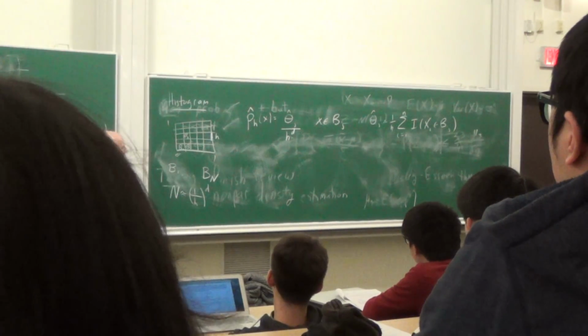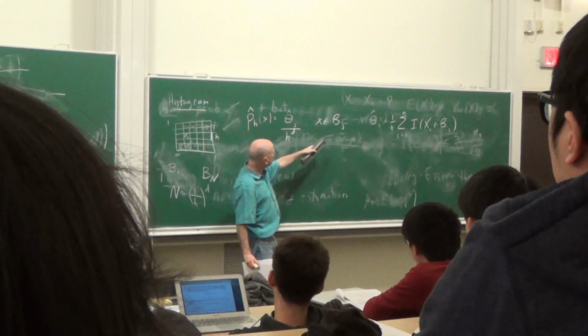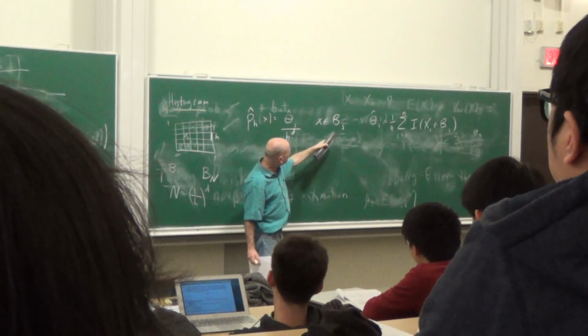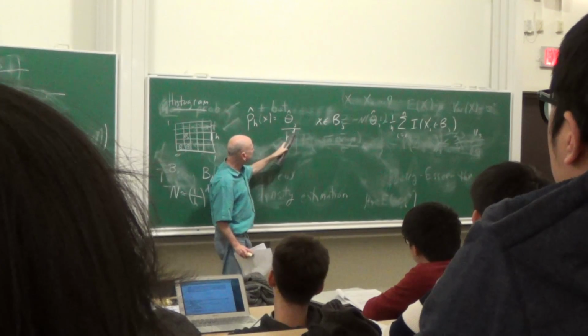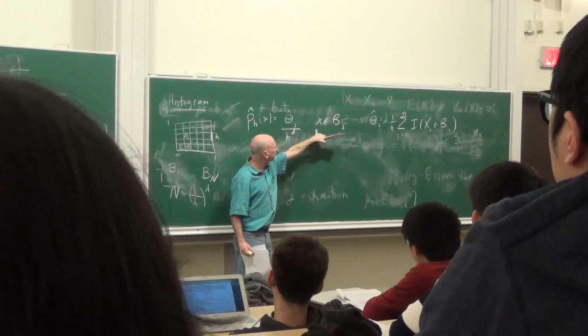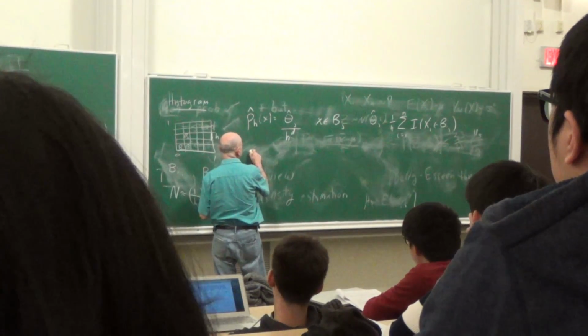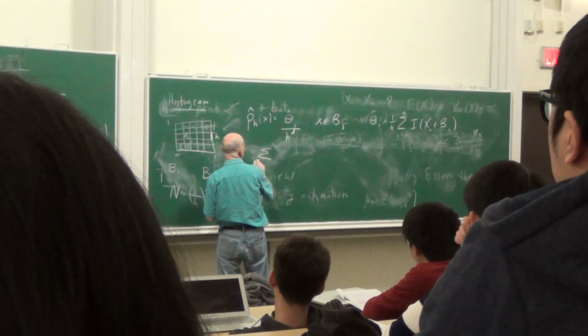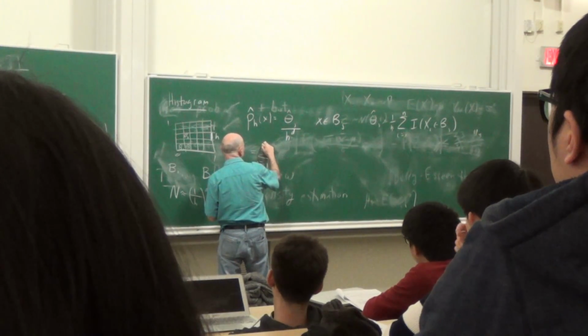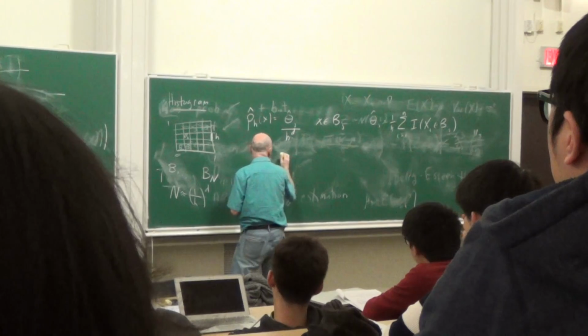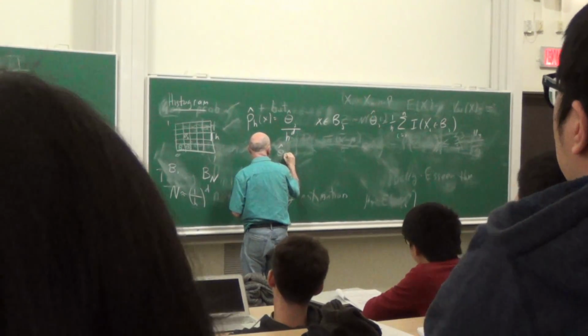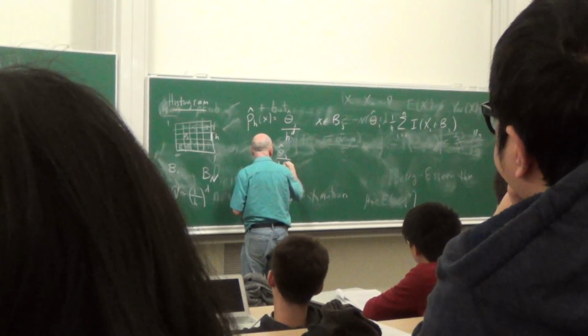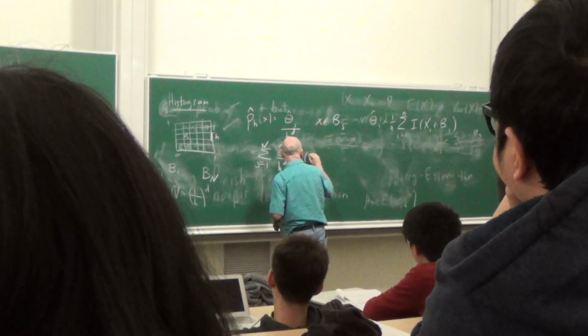I can write this, it's a little bit annoying to write it like this. I can get rid of this if I include an indicator function. So I'm going to write this as the sum over all bins times the indicator.